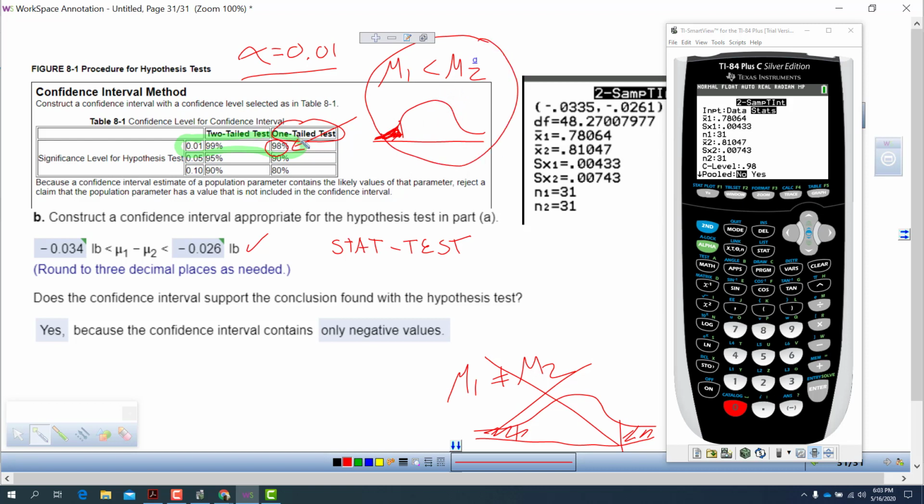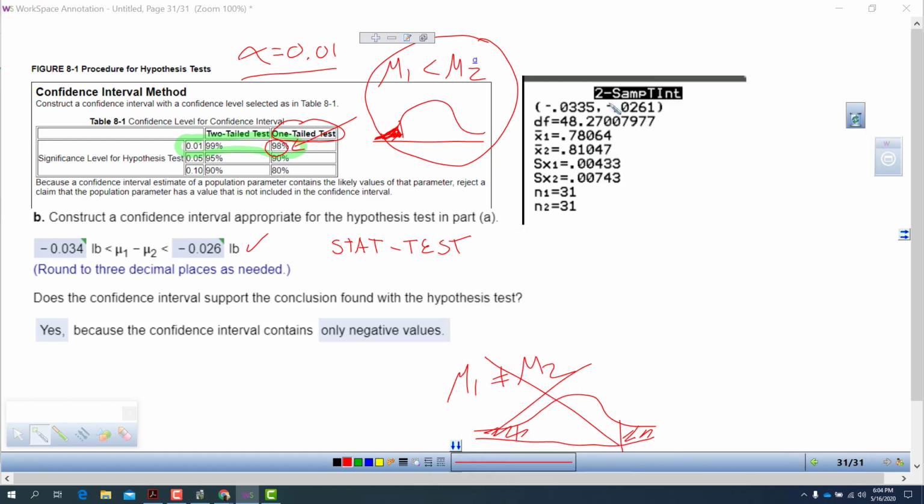That's why we select the one-tail test, so we select 98%. That's the only thing you have to modify: 0.98. Pooled we keep as no, and we press calculate, and that's how we obtain this screen right here. Again, be careful on this part, because if it is a two-tail test, you have to use 99%. If it is one tail, you have to use 98%.